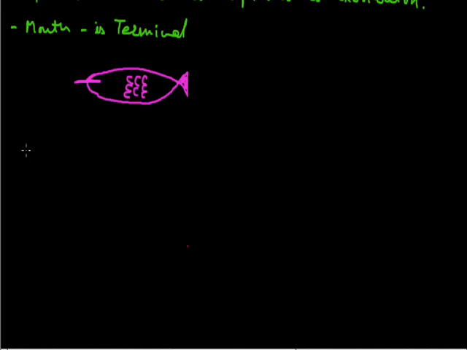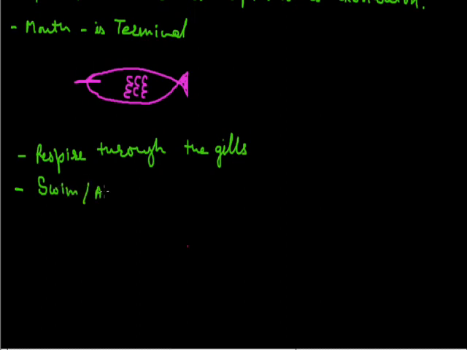These animals also respire through gills. Another important feature of this phylum is that these animals have a swim bladder or air bladder in their body, which helps in swimming.